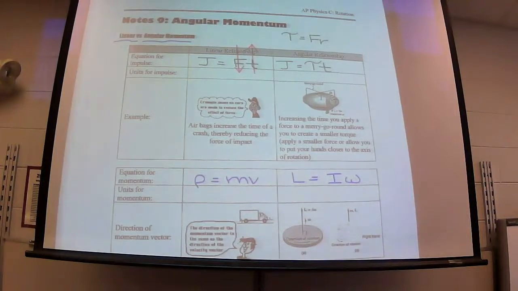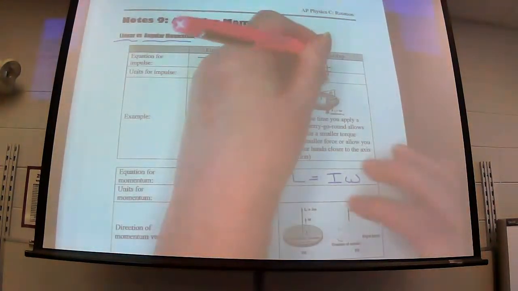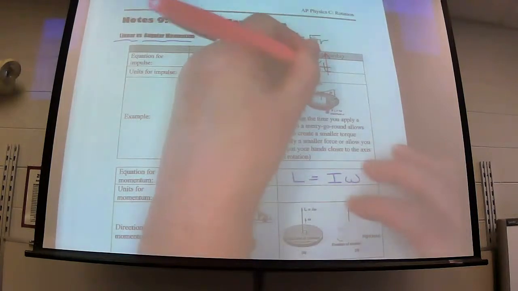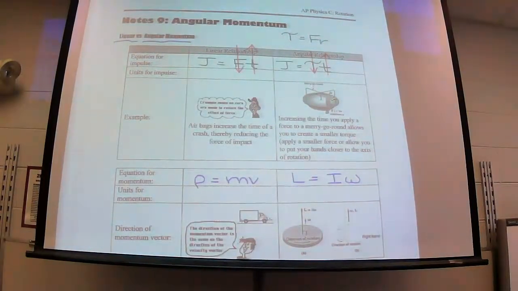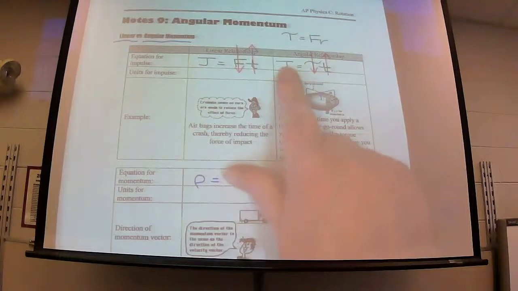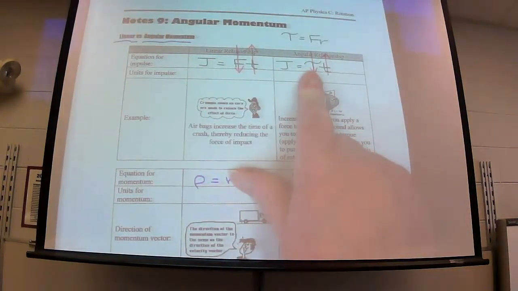That'd be hard for me to do. So instead, I might decide to run around the merry-go-round as I'm pulling. And when I do that, I'm increasing the time, which would allow me to get a nice rotation, but by applying a smaller torque.